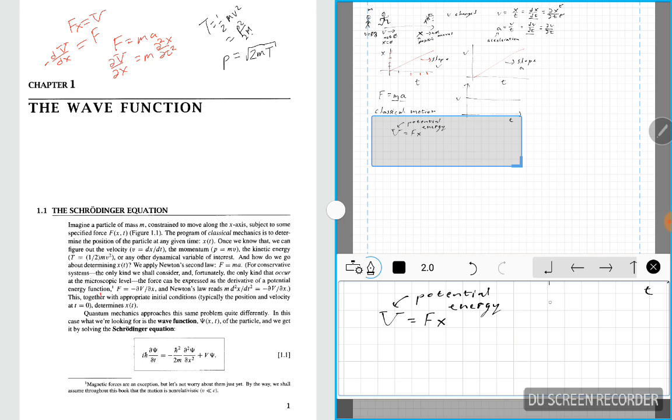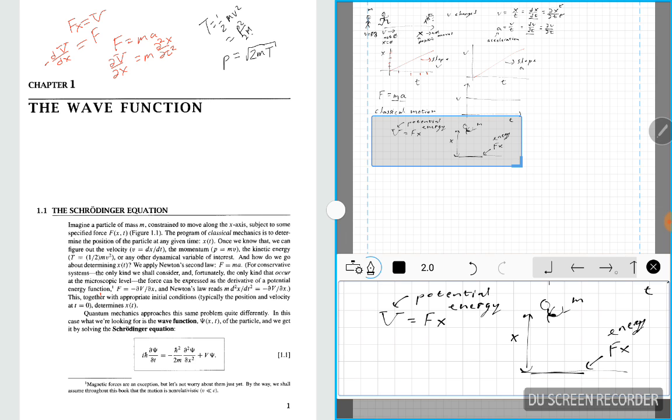So if I have something that has a mass m, and I lift it up to some height x above the floor, and then I drop it, it's going to hit the floor with energy equal to the force of gravity times that distance x. The higher I lift it up, the more energy it's going to hit the floor with.